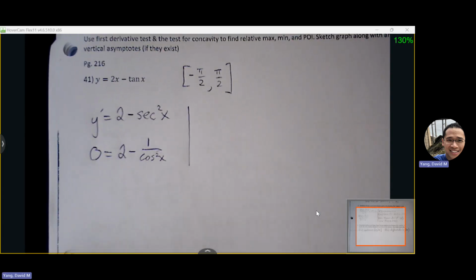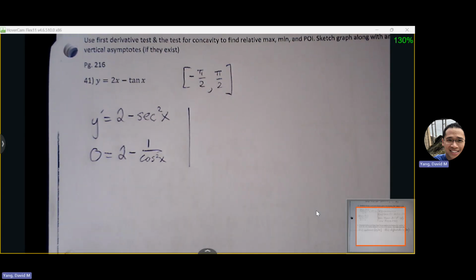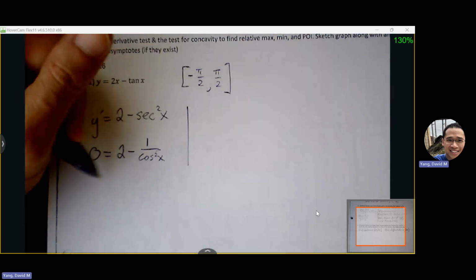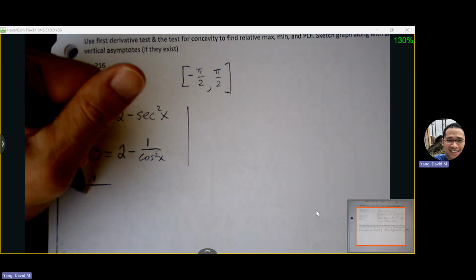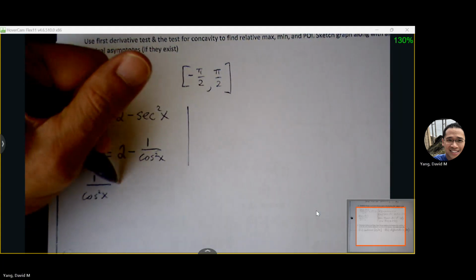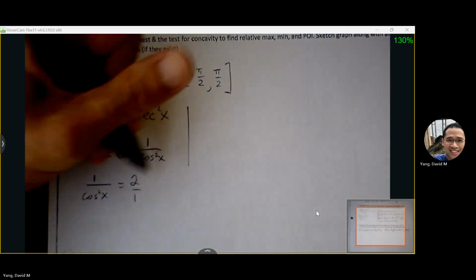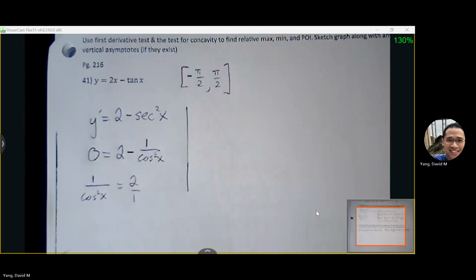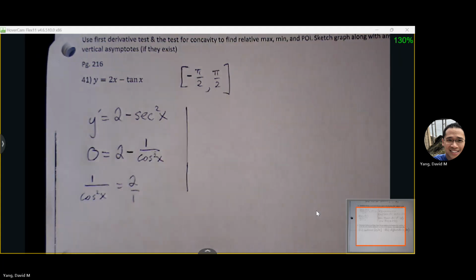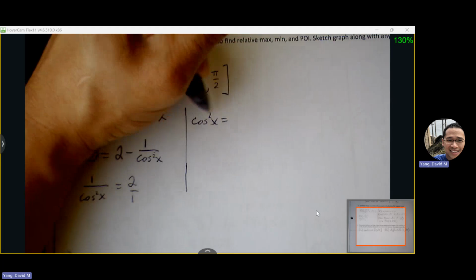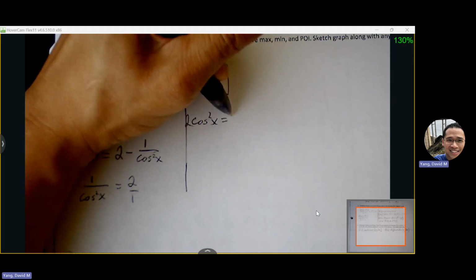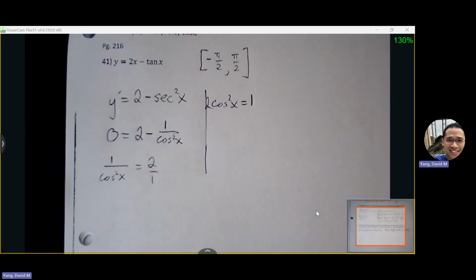I like to think in terms of sine and cosine, so I'm going to rewrite that as 1 minus cosine squared x. Set them equal to each other. So 2 cosine squared x equals 1 if I cross multiply.